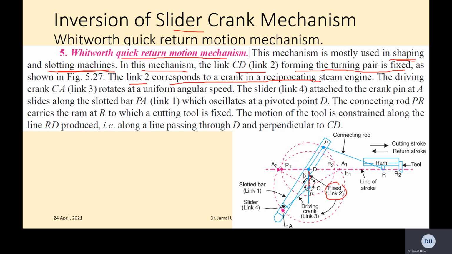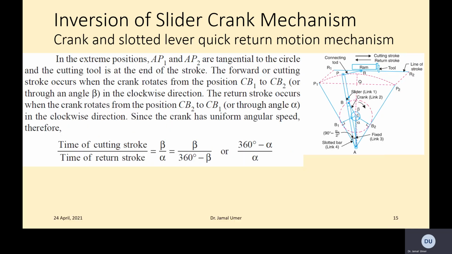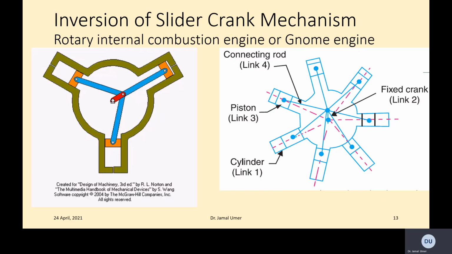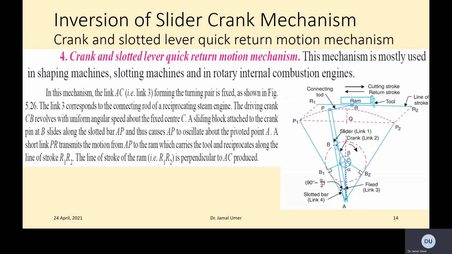But now we just go back to AC, basically link 3, which corresponds to the connecting rod. So you see this link 3 was a connecting rod. So this is the connecting rod being fixed in the crank and slotted lever mechanism.